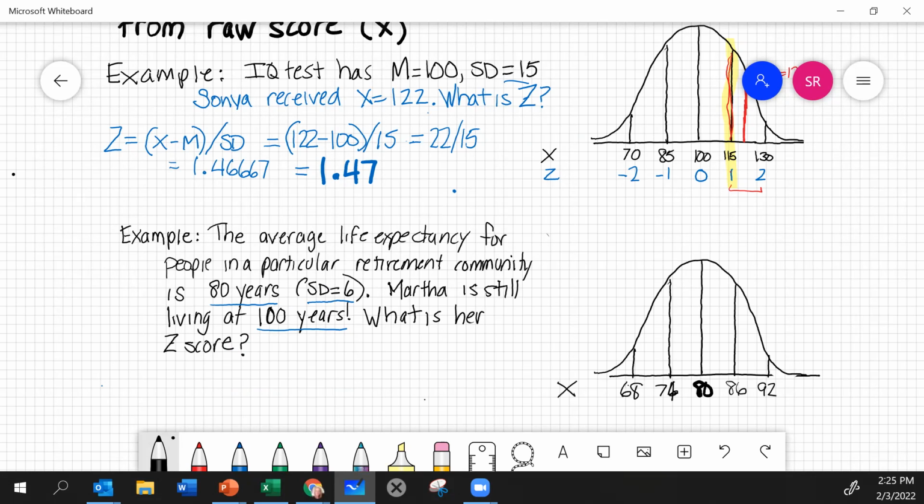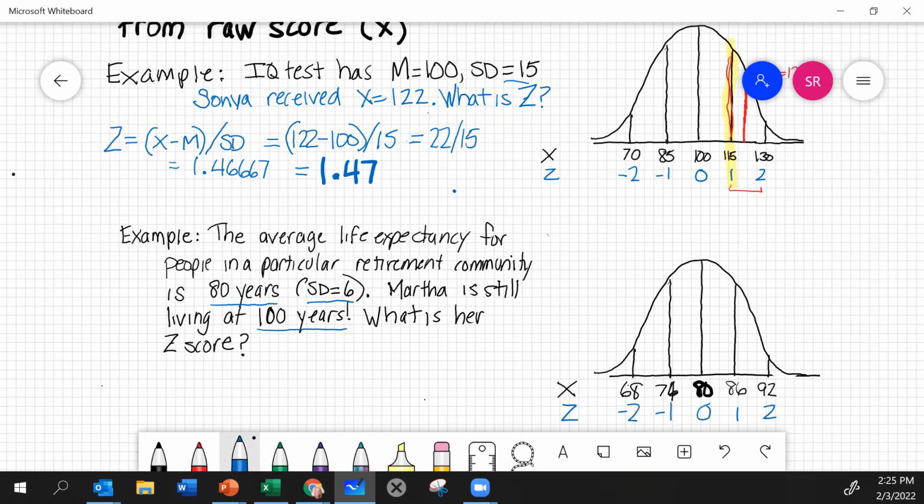So those are our raw scores or X scale. And in blue, let's just put the numbers for the Z scale. The Z scale always has 0 in the middle, 1 and 2, and -1 and -2. And if we had someone who was still living at 92, we know their z-score would be 2.